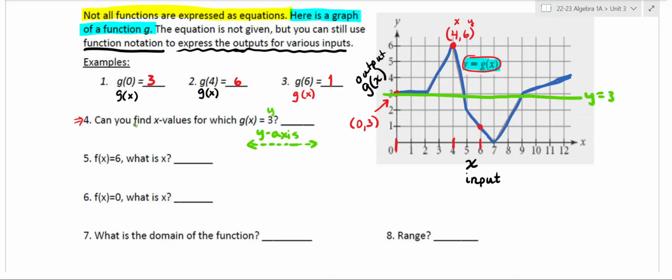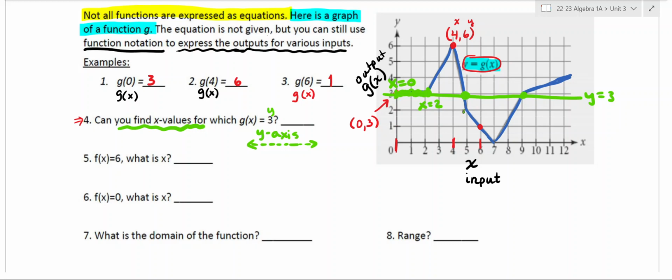And the question is, can you find the x values where the function equals 3? Well, the function equals 3 here, all the way here, here, and here. Clear? So this is actually an interval. It starts when x equals 0, and it ends when x equals 2.